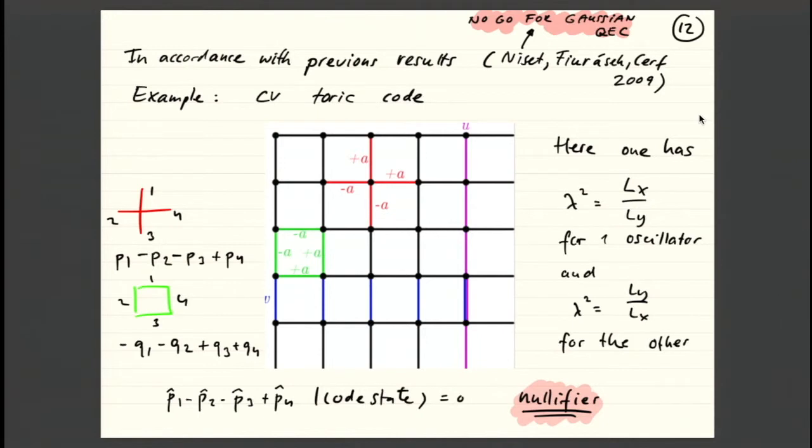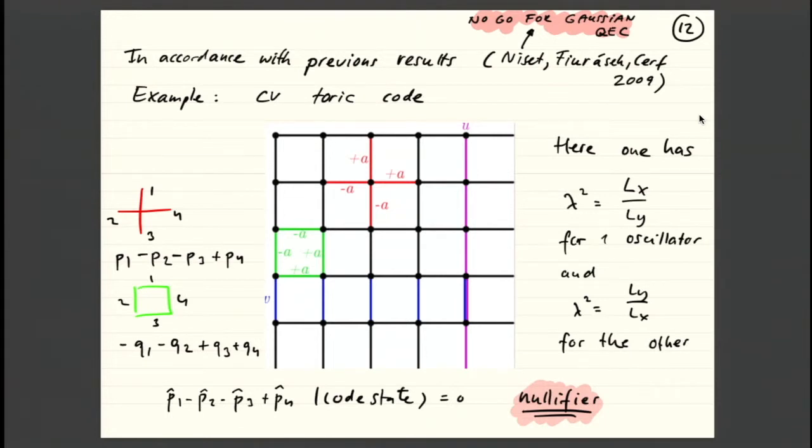One thing about the squeezing: for a continuous variable torus code, it can depend on the torus, which has two directions, an Lx and an Ly, and it can depend on this ratio. As for the nullifier, for a continuous variable torus code, the checks really are something like, usually for the torus code you have a star and a plaquette operator.